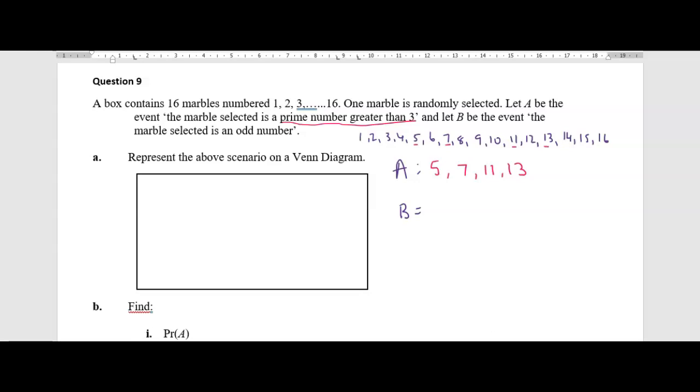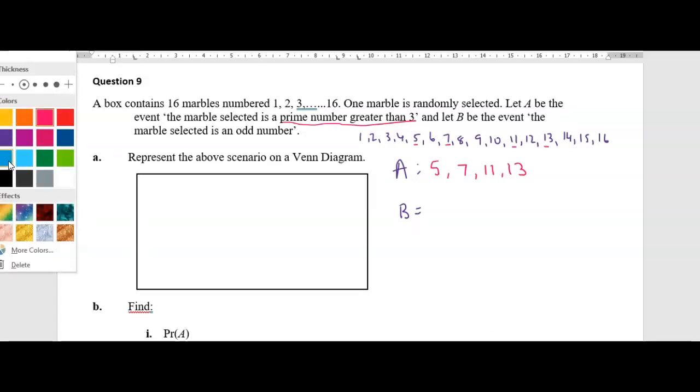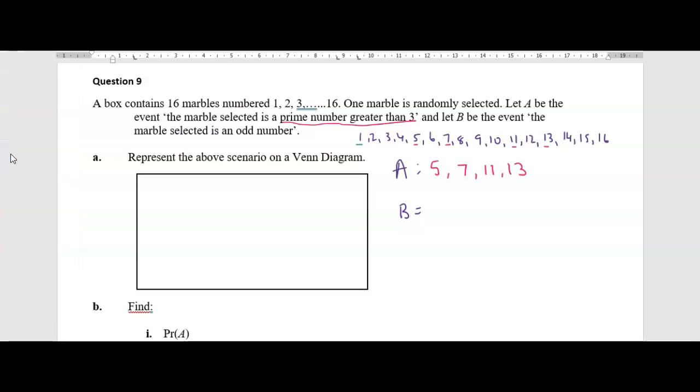All right, and let's do event B. The marble selected is an odd number, so I'm going to underline that in a different color. Let's do blue. Okay, so an odd number, so 1, 3, 5. I think you all know what odd numbers are.